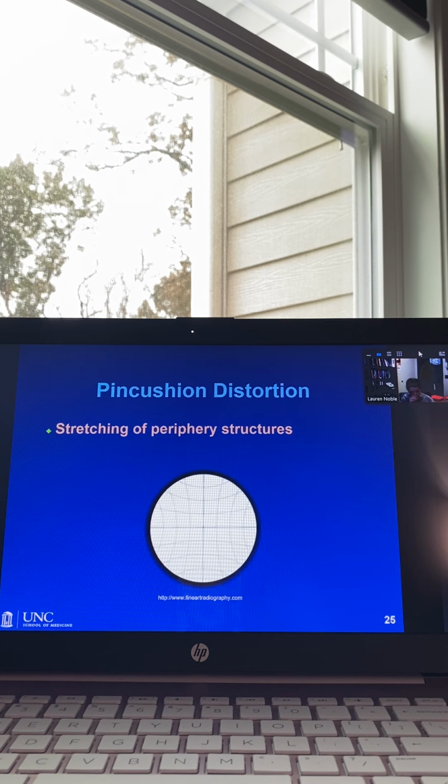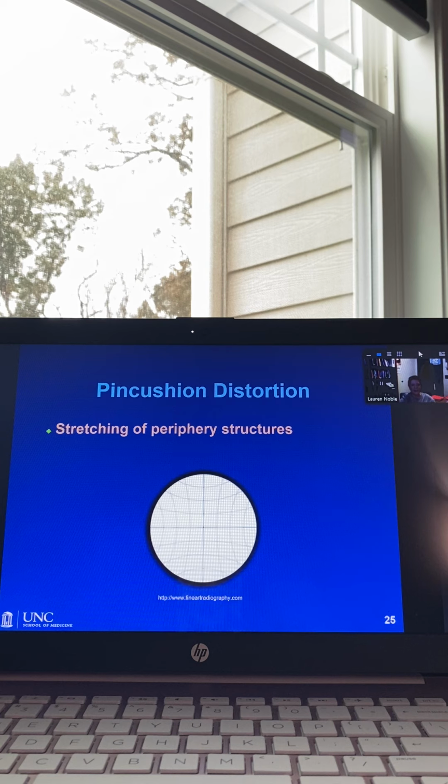When you look at the monitor, because an image intensifier was used, we get stretching of the structures around the periphery. It's because the monitors that the images are displayed on are cathode ray tubes. I should have pointed this out to you yesterday. They're really deep.